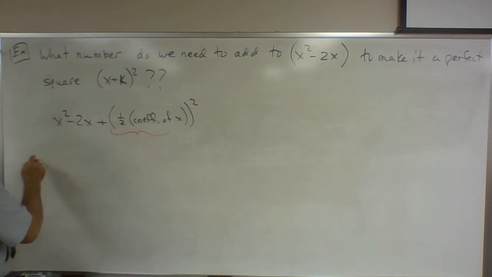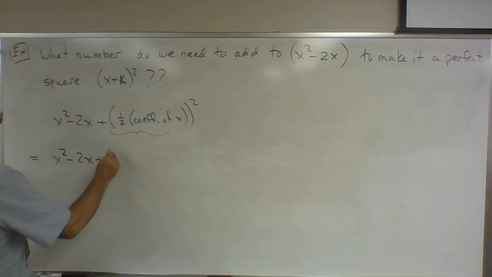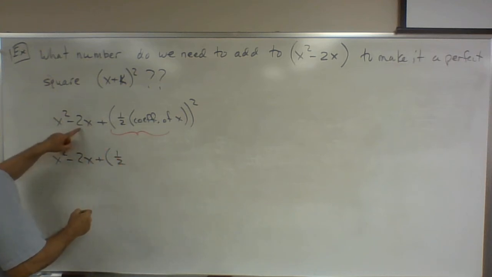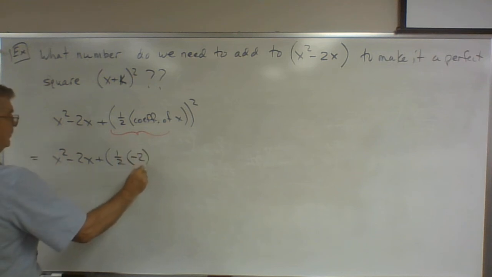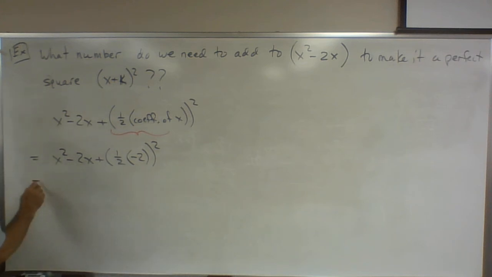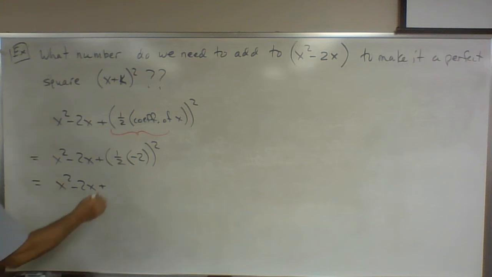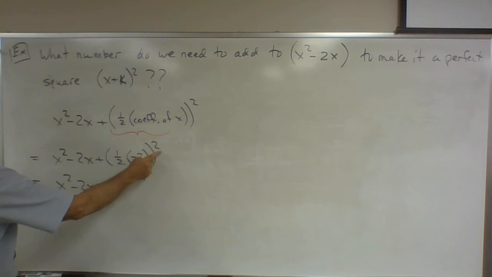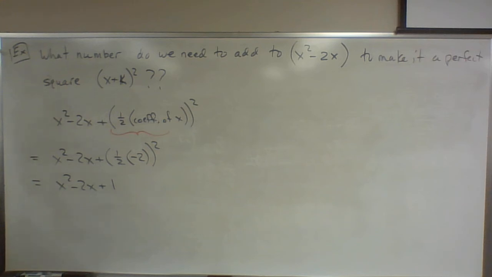Now let's see, what is that? 1/2, the coefficient of x is -2, and we square it. Okay, we get -2 times 1/2 is -1, and we square it, we get +1. And does that work? Yes, it does.